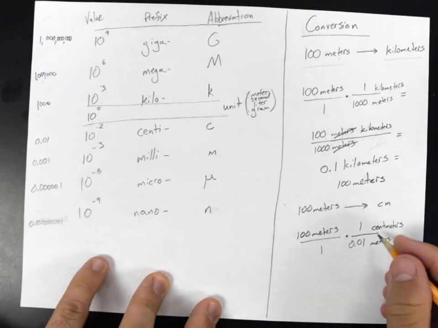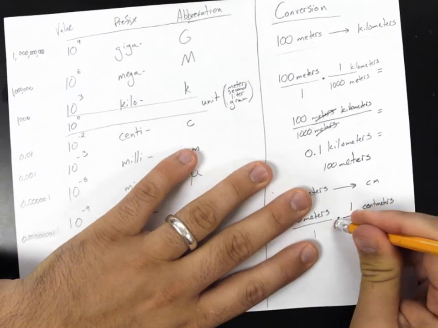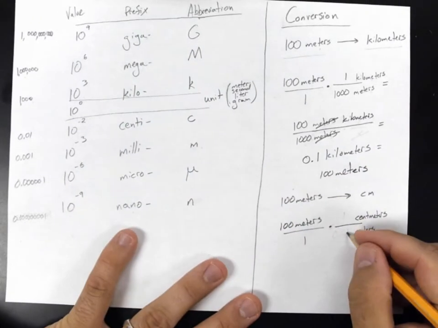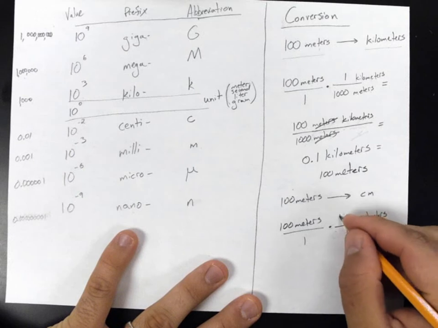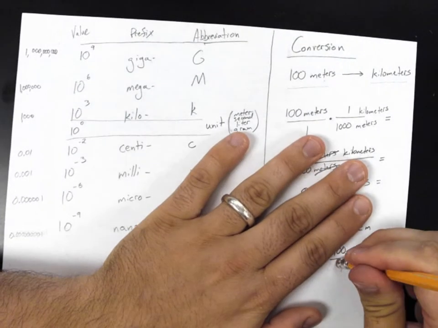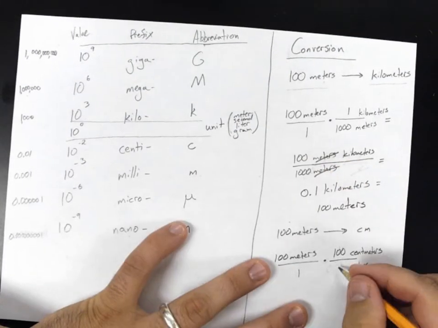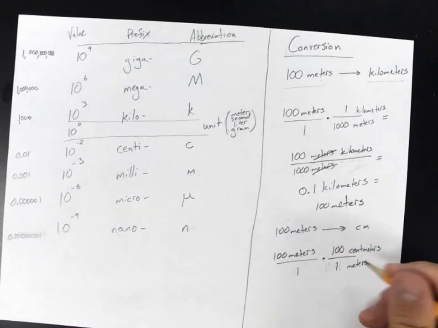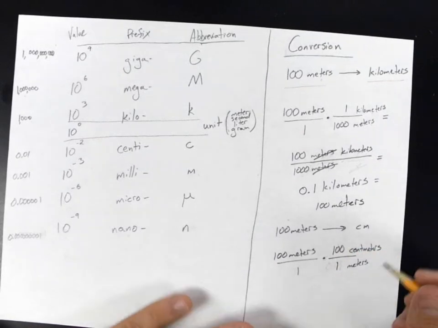Another way is to ask how many centimeters are in 1 meter. Well, we said before that for every 1 meter, there are 100 centimeters. It doesn't matter which one you do. We'll just go with the second one because we are already here.